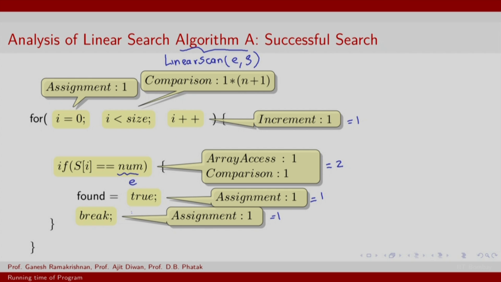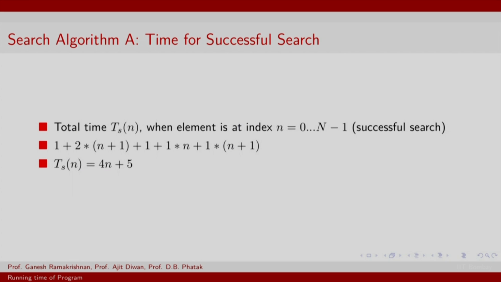So the overall cost will basically depend on where the element is found. So in the case of a successful search, you will keep doing these comparisons and the increments till the element is found, and if the element were found at the end of the array, you will have to do these up for n or n minus 1 steps. The last 2 assignment steps will be called exactly once. So summing up, the time for successful search will incur a cost of 2, this is for the if statement where you make an array access as well as a comparison.